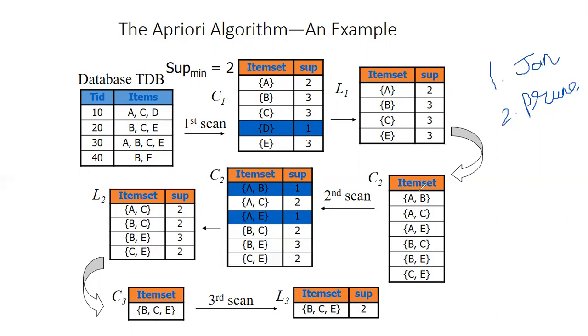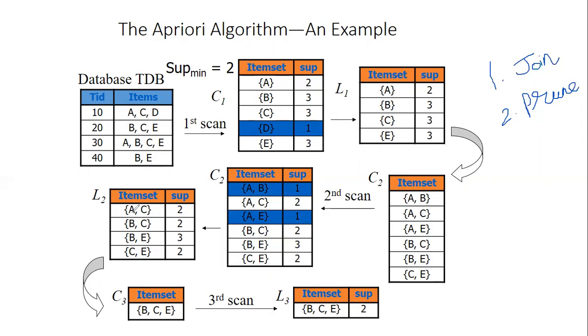How does this joining happen? We use the frequent item set: we join L1 into L1. The pruning comes when we go for item sets of more than 2 items.